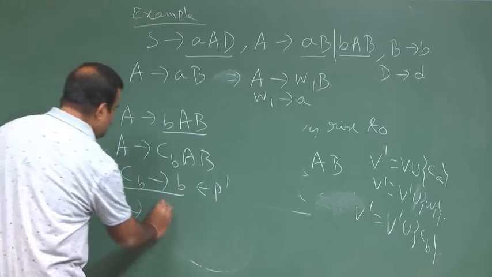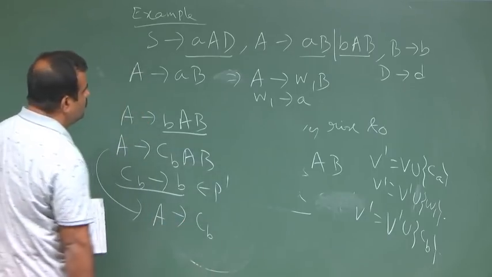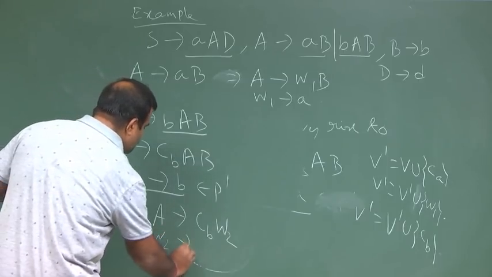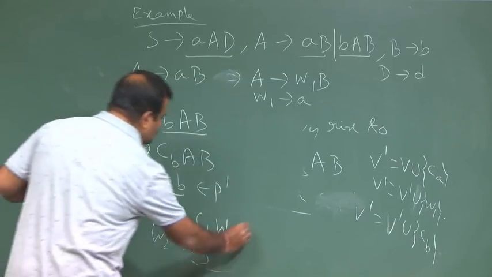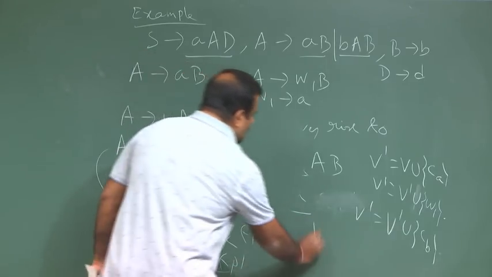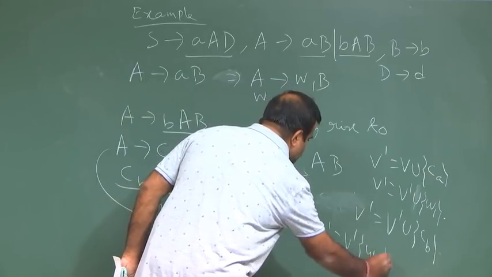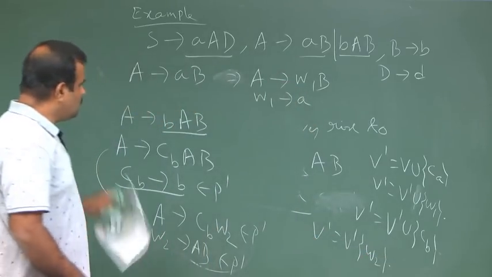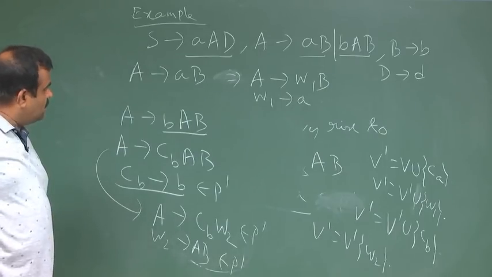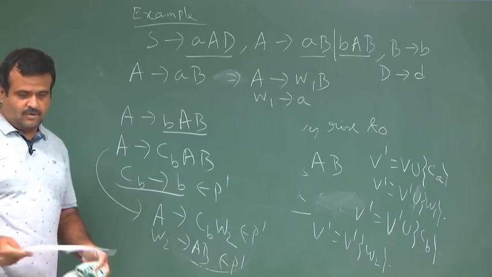For this we change it to C_B, and if we have not used W2, we can use it here, and W2 is going to AB. These we add in P prime, and V prime will be V prime union W2, like this. We keep on doing this, and ultimately we get everything in the normal form.